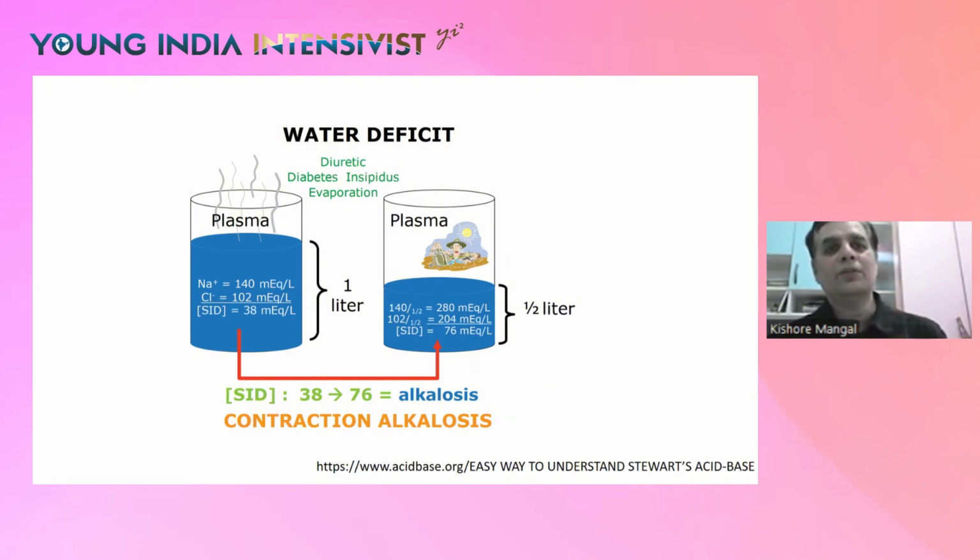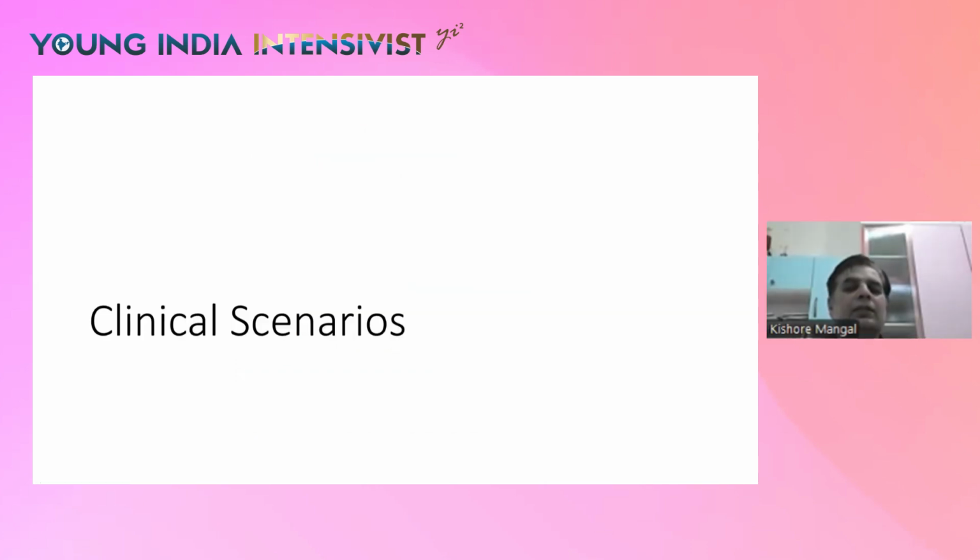In such a scenario, what will happen? These are not actual values, just for understanding the principle. This has been taken from acidbase.org, which is the site that explains Stewart's principle in detail, with scenarios where the principle is able to explain the reason behind the acid-base changes.